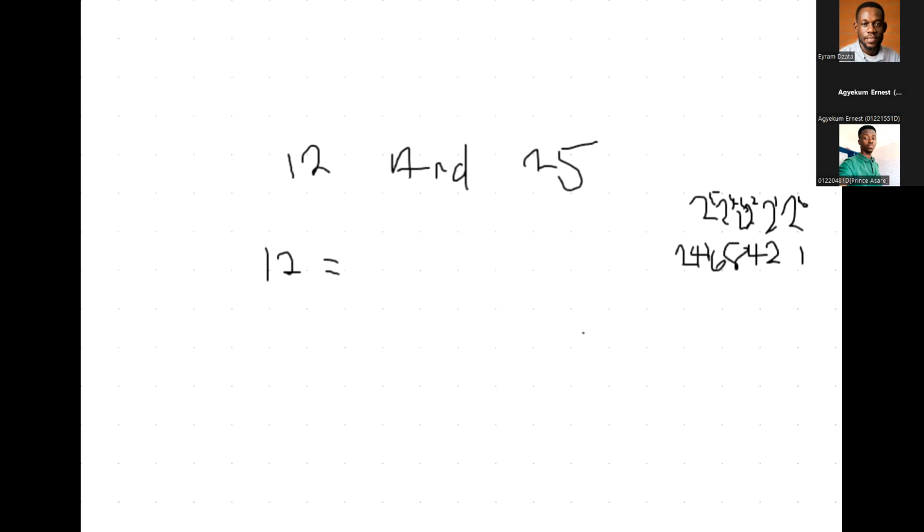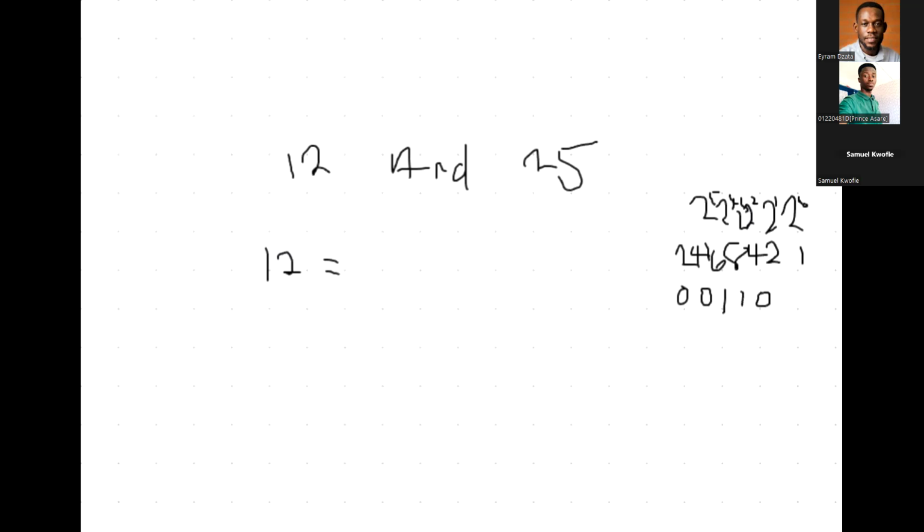Okay, so if you want 12, which numbers? So we can get 8 plus 4. So 1, 1, 0, 0. So 12 is 1100.